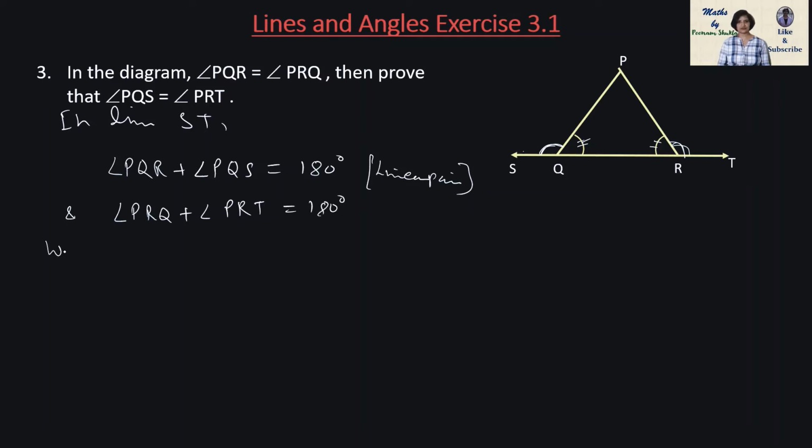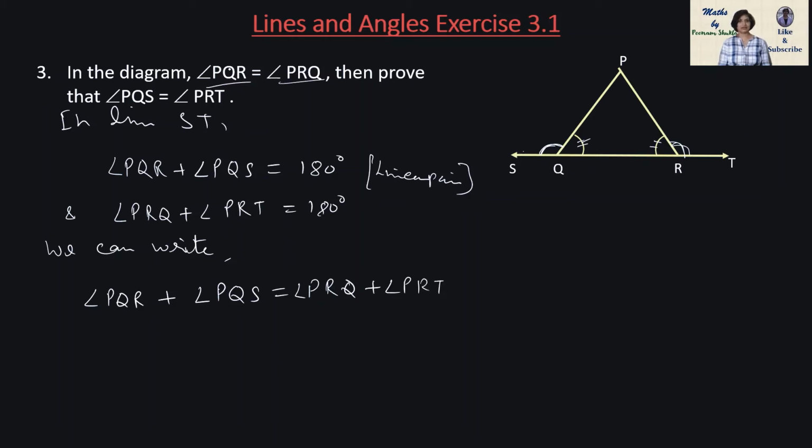So we can write angle PQR plus angle PQS equals, because this equals this, first we will write in same way, PRQ plus angle PRT. Now here it is given PQR equals PRQ. So either you can write PRQ here or you can write PQR here.